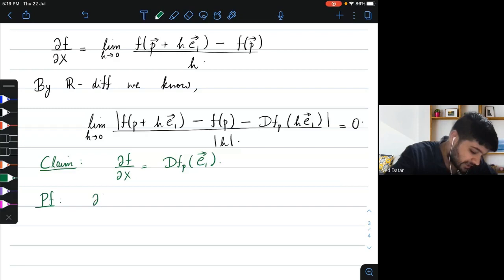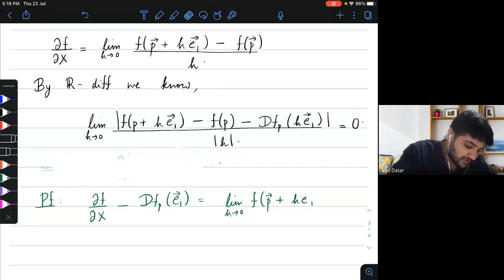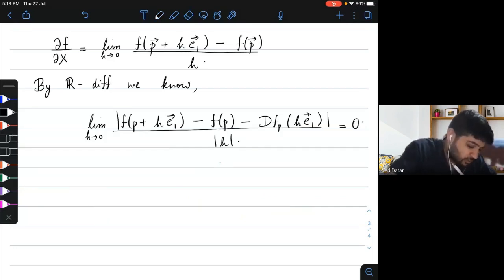So what is del f by del x minus del f p by e1? By definition, this is the limit as h goes to 0 of f of p plus h e1. Actually, let me just look at this earlier limit a bit more. So what is this limit?